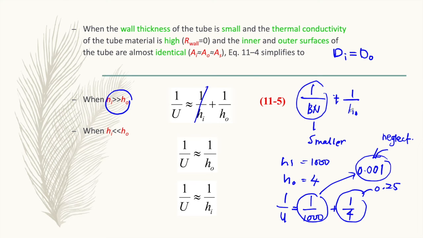Then we can neglect 1 over HO, and we have only 1 over HI. For the second condition, we neglect the term 1 over HO. Therefore it will become 1 over U approaching 1 over HI.